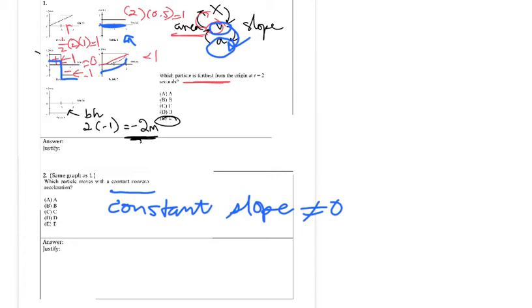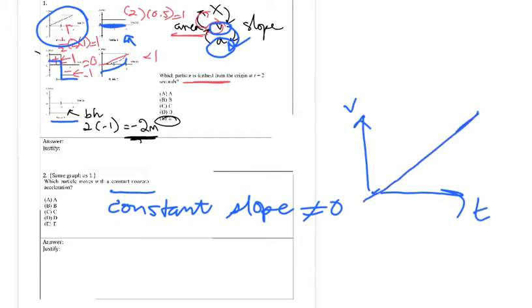We don't have a constant slope in D, and in E we again have a 0 slope, so A is the only option where we have V and T, and our slope is constant but not equal to 0. So number 2 was option A.